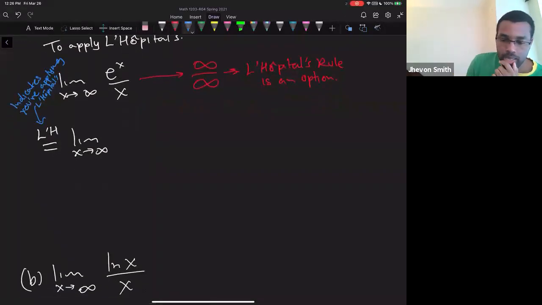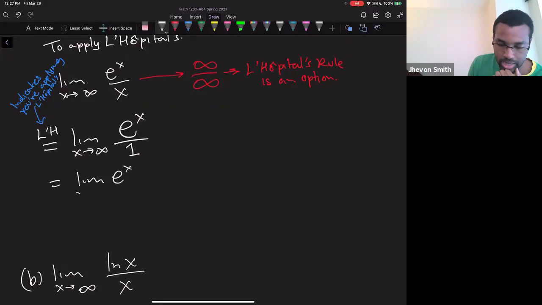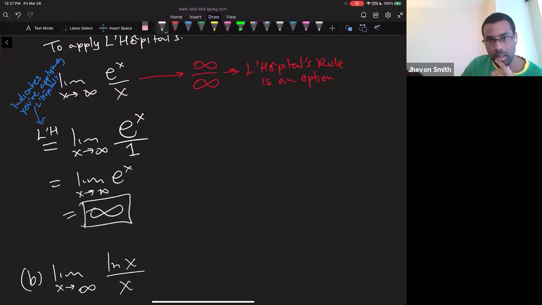Right? So L'Hopital's rule would say, differentiate the top, derivative of e to the x is e to the x. Differentiate the bottom, derivative of x is 1. So now this is just like the limit of e to the x as x approaches infinity. Well, yeah, that's infinity. Makes a lot of sense, right?